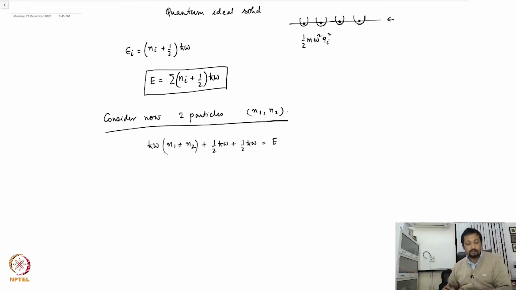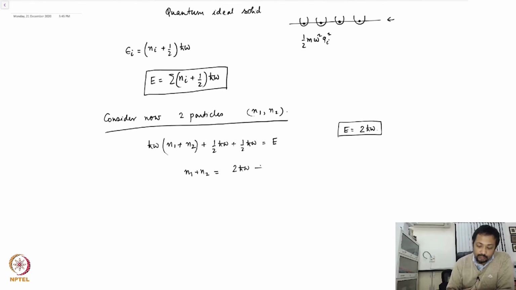And let's say we have E is equal to twice h bar omega. The total energy, I fix it to be twice h bar omega. Then it follows that n1 plus n2 is going to be twice h bar omega minus h bar omega divided by h bar omega, which is just going to be 1. Is this correct? Sorry, this is correct, but I think we'll take this factor later on. We will just say that it is h bar omega.